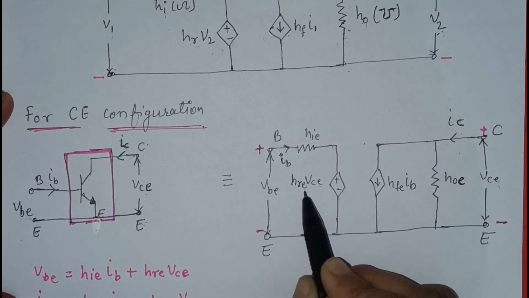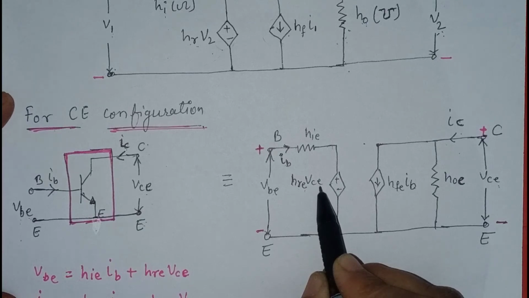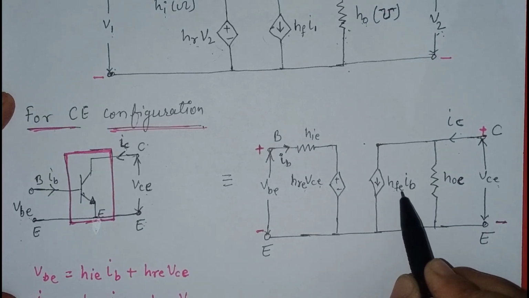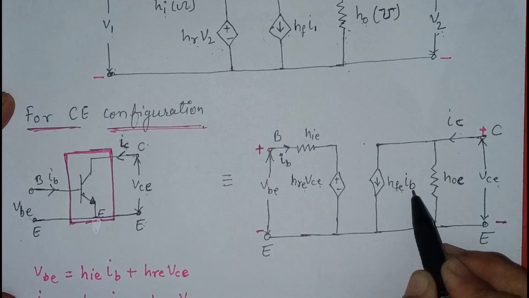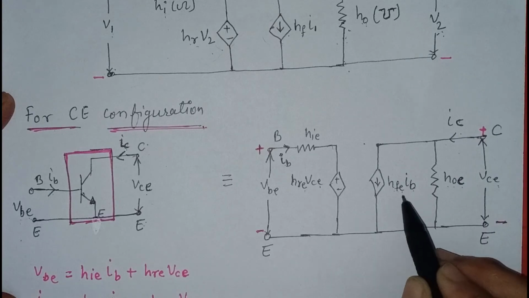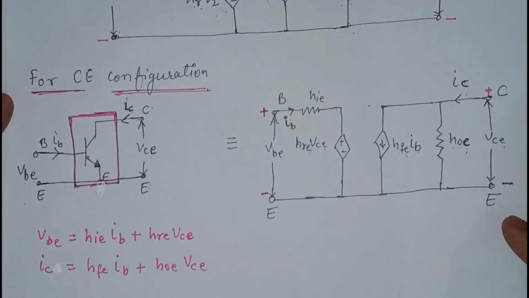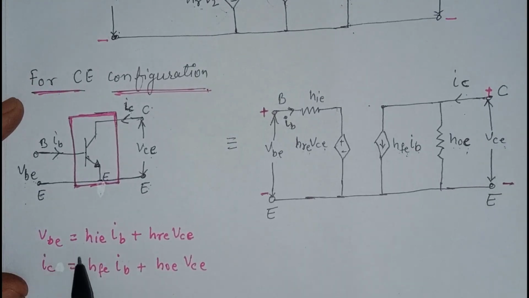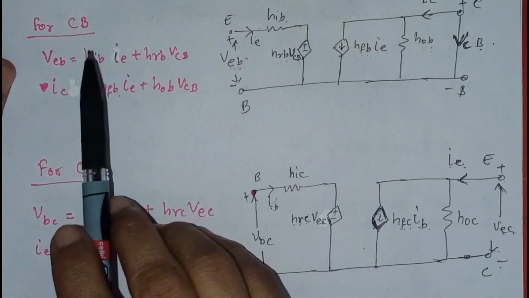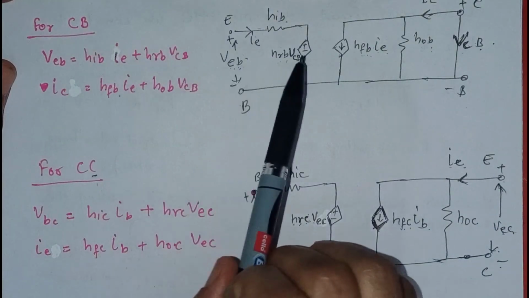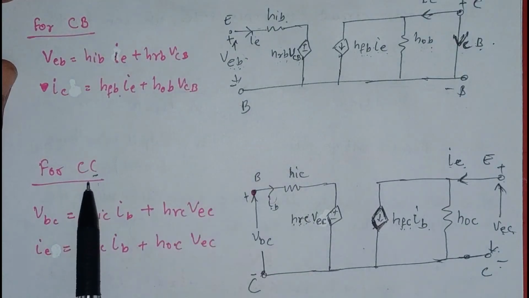We have just added the E subscript for the CE configuration, and here also HFE times the input current IB. Also HOE, we have just added the E subscript for the CE configuration. The equation for this is VBE equals HIE into IB plus HRE VCE, and this equation is IC equals HFE IB plus HOE VCE. In the same manner we can draw the hybrid model for CB configuration and CC configuration.